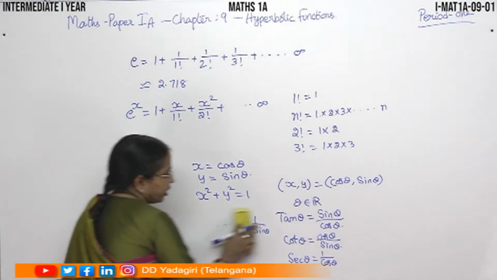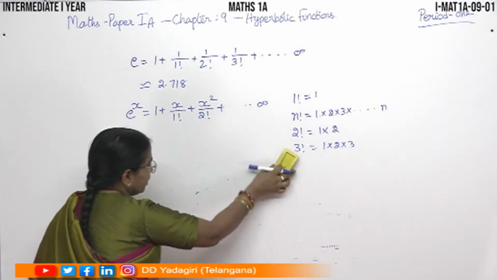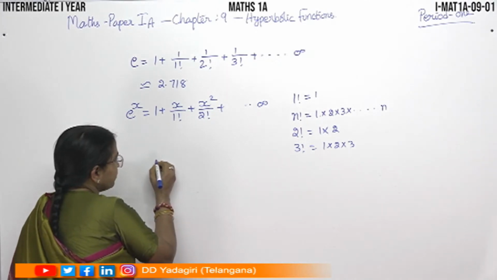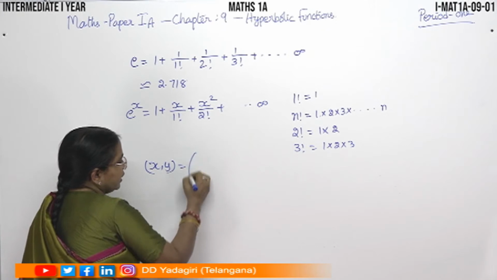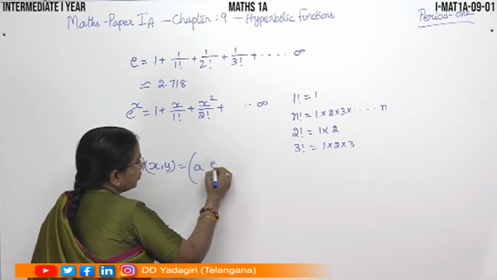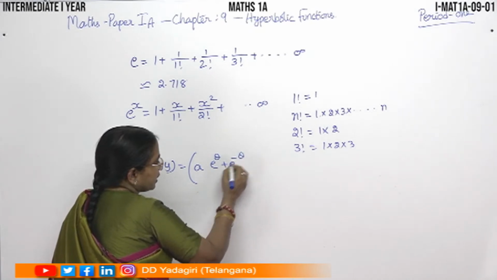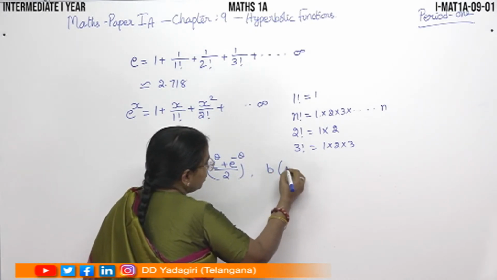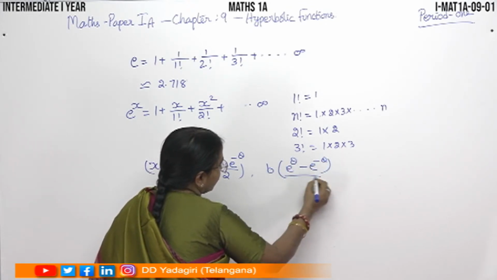Now in the same way, suppose we take the point (x, y) as (a into (e power theta plus e power minus theta) by 2, b into (e power theta minus e power minus theta) by 2).